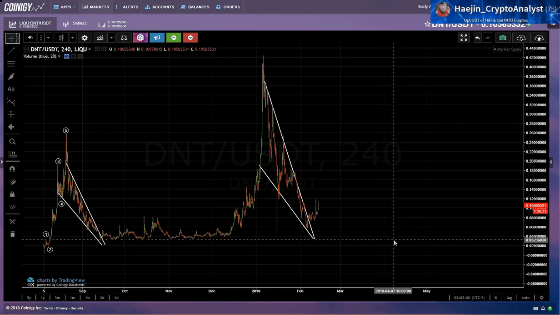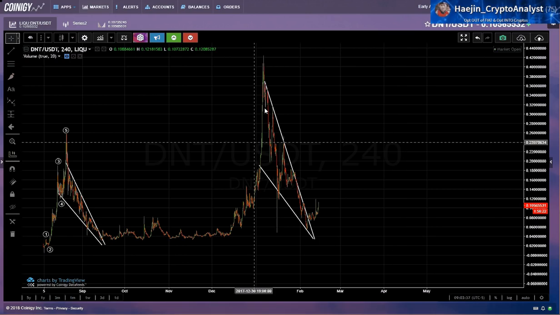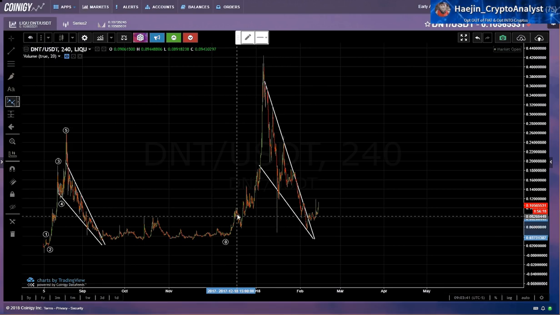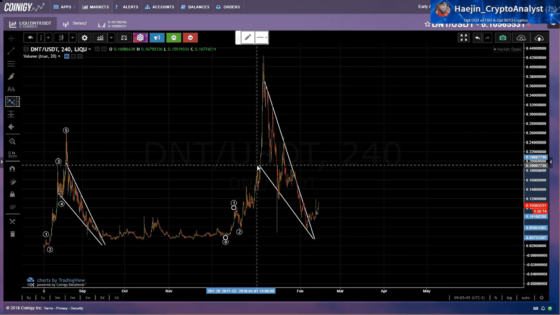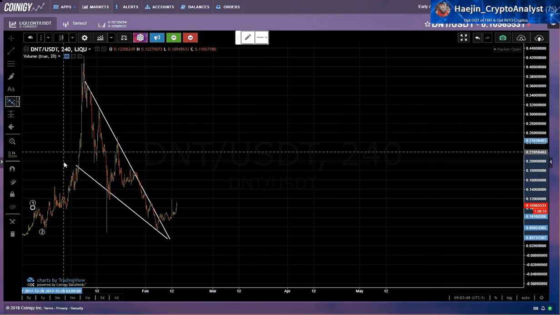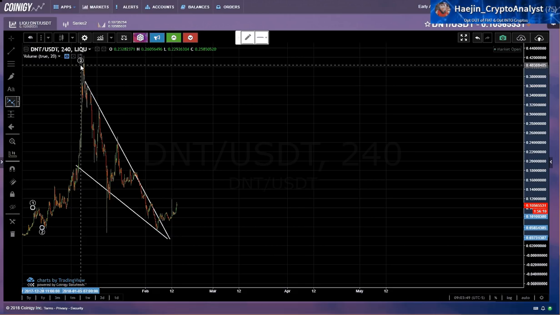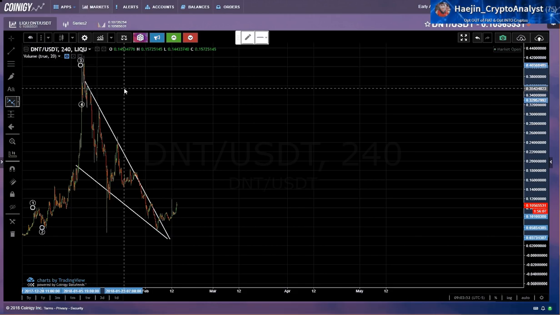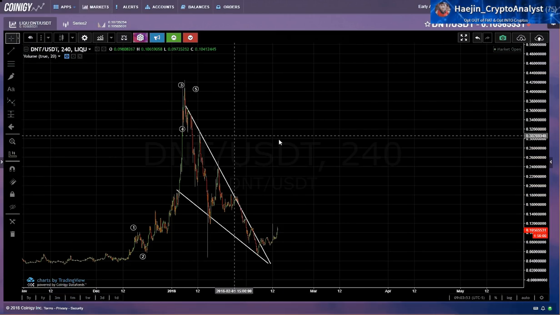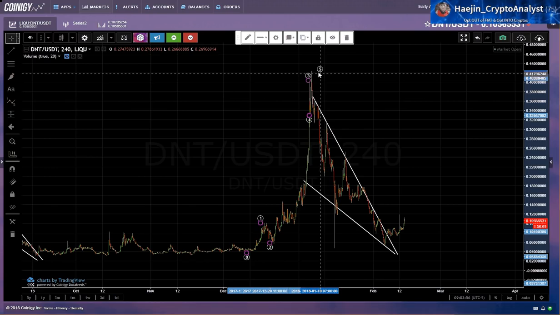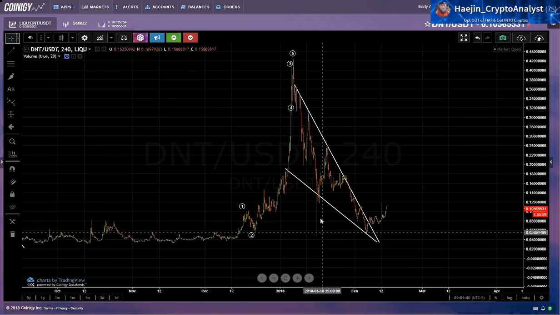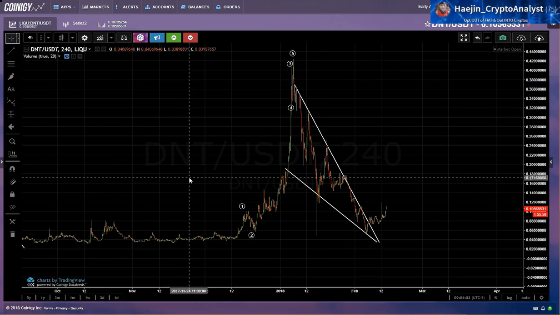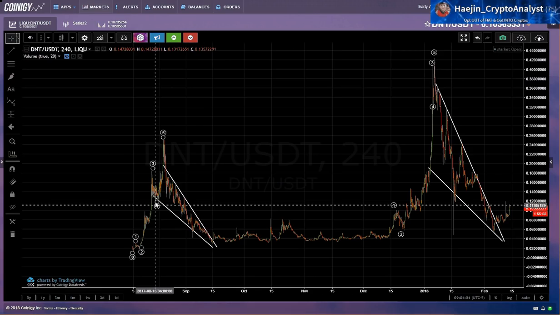But here too, you have 5 waves up. And when you have the 5 waves up, you get this correction, just like it did here on the symmetrical downward pointing triangle.